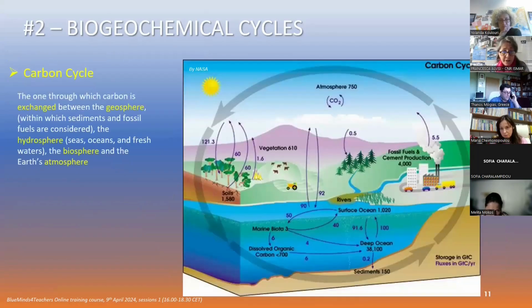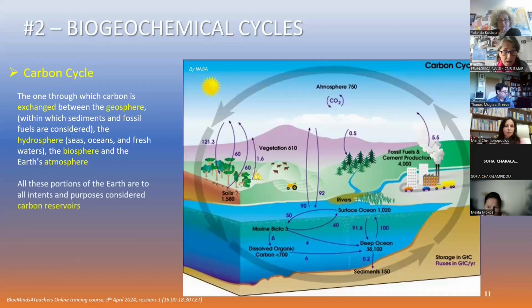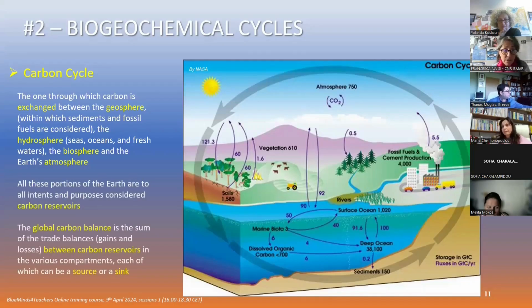And they are very complex again, but you can study just a little piece of them, or just try to understand how it works, even taking into account one piece of this big cycle. So this is the carbon cycle. I don't have time to go through them, but just to let you know that there are all of these. And these are some descriptions you can study after the presentation.